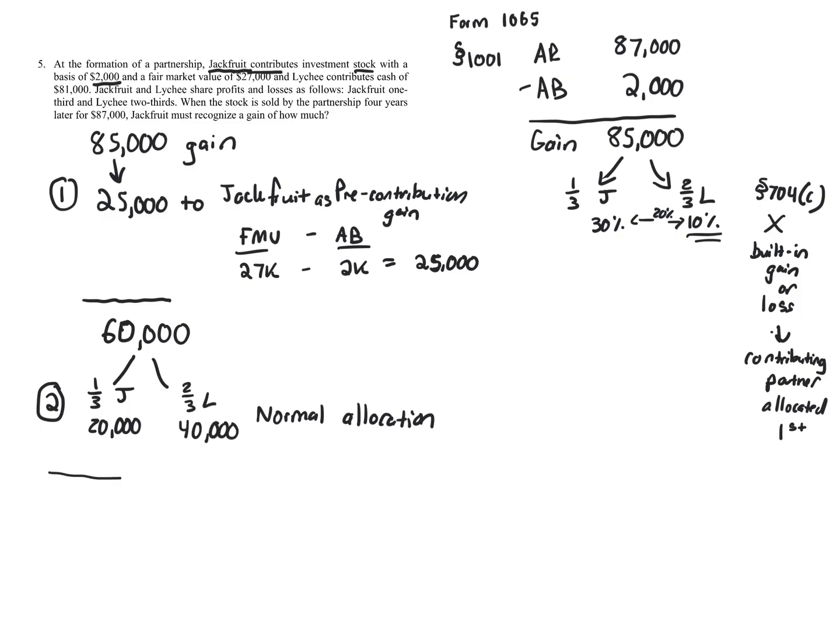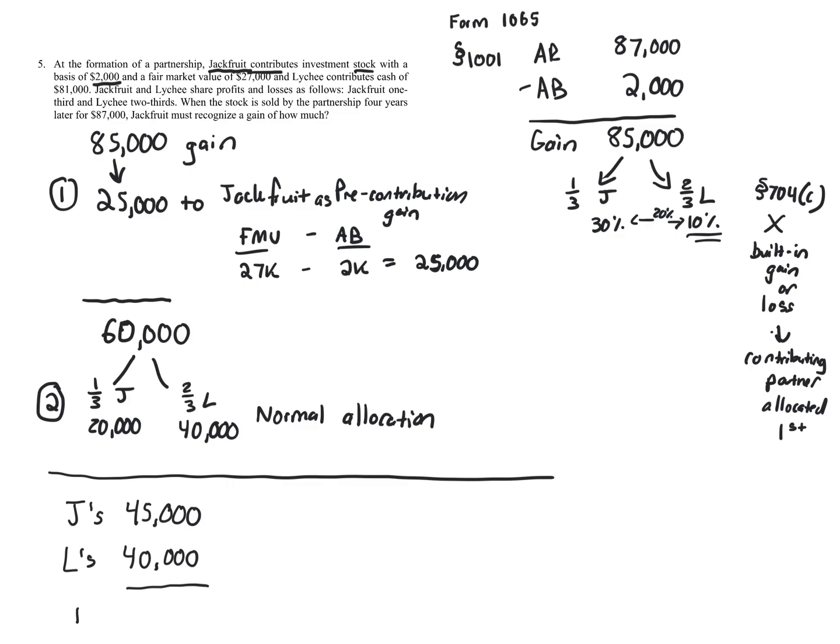So in the end, Jackfruit's share of the $85,000 gain is going to be $45,000. That's the $25,000 in step 1, and the $20,000 in step 2. L's share is going to be $40,000, just the $40,000 in step 2 because there's nothing in step 1. And that equals a total of $85,000.